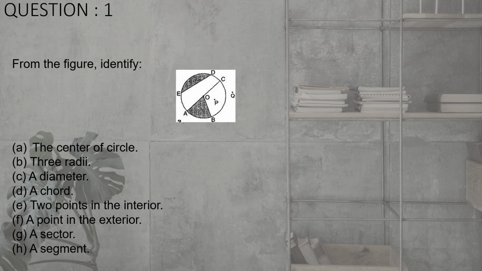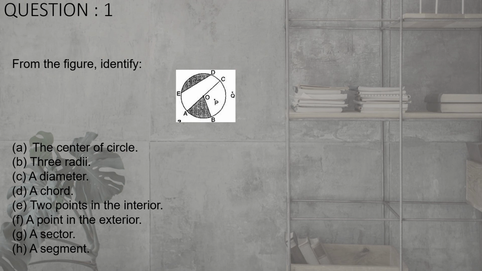So AC is the diameter which is passing through the center. A chord. For chord you can write AC also and ED also. 2 points in the interior. So 2 interior points are point O and point P. A point in exterior. So exterior is point Q.